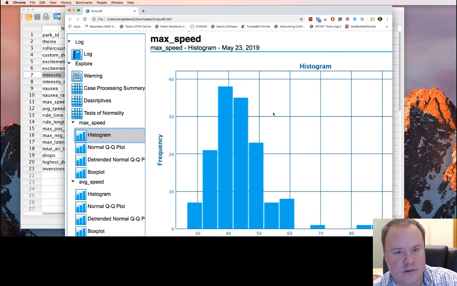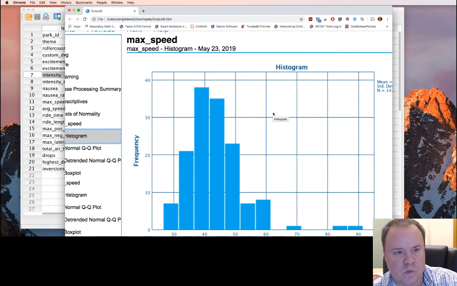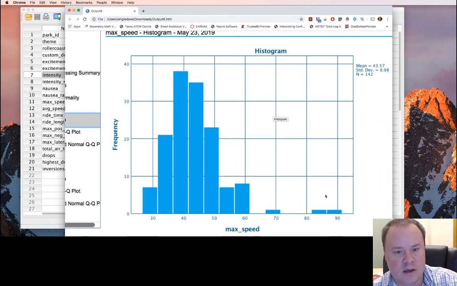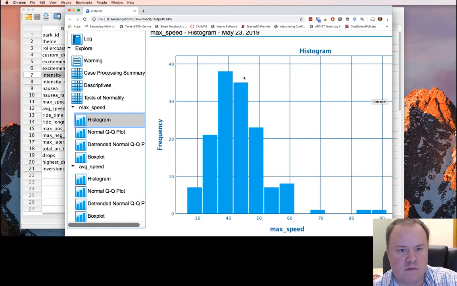And in general, the data are skewed to the right with outliers in the 65 to 89 mile per hour range. So even though the mean is 43, the center is around 42, 43 miles per hour, there's quite a lot of spread involved.